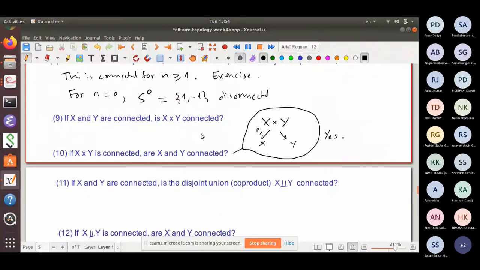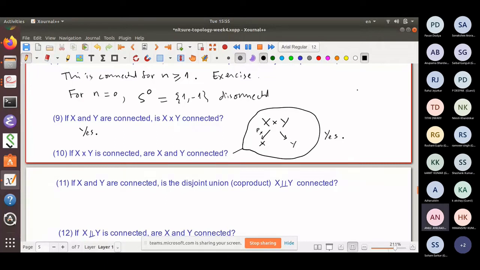Yeah, somebody willing to answer? I guess yes. Yes, Sonakshi, you are right. And if I asked you if x and y are path connected, is x cross y path connected? What do you think? Here's a simple idea.